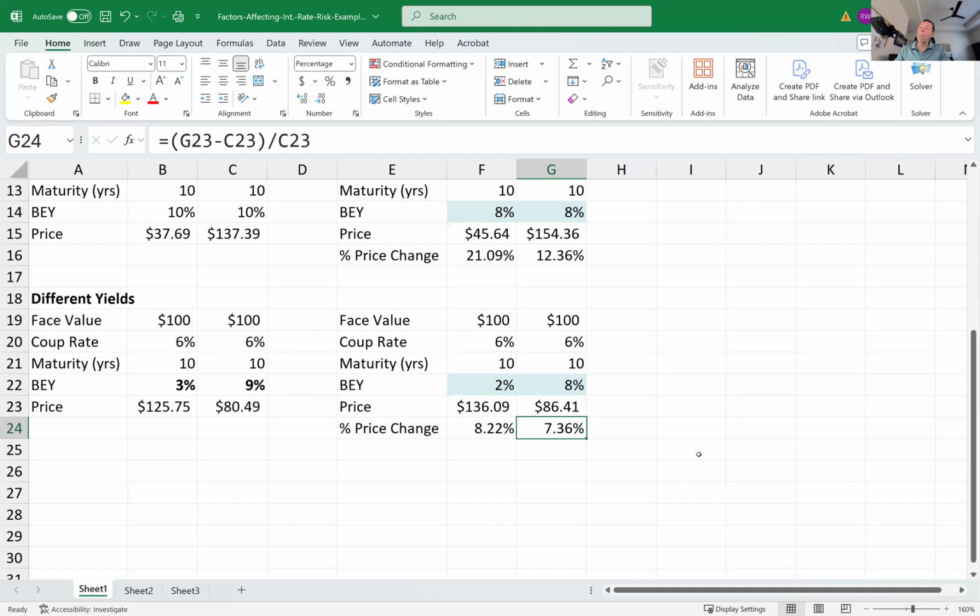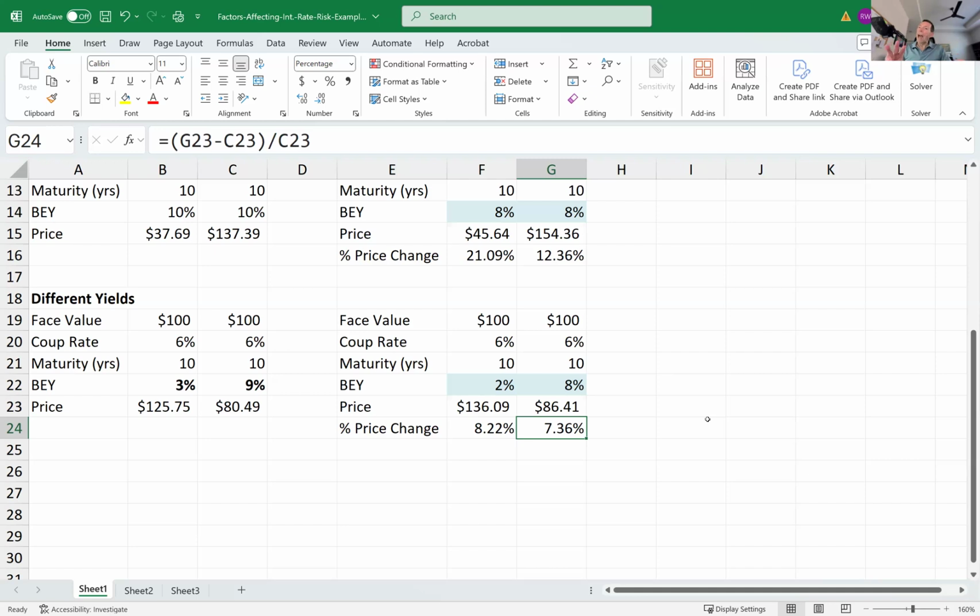So once again, the bond with the lower yield, that was bond A, had more price sensitivity to changes in interest rates, which is what we call interest rate risk. So bond A, the price was more sensitive. The price went up by more than it did for bond B there.